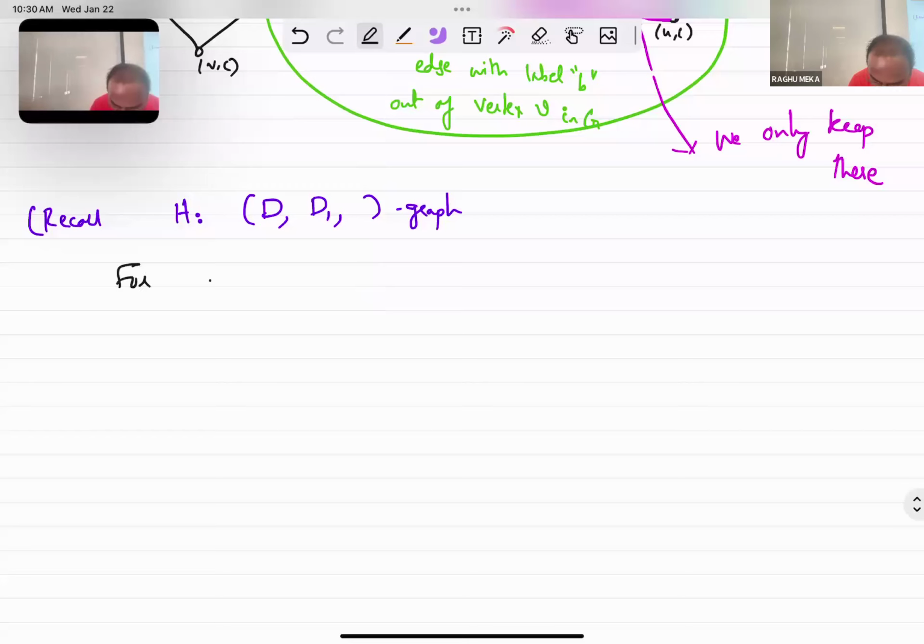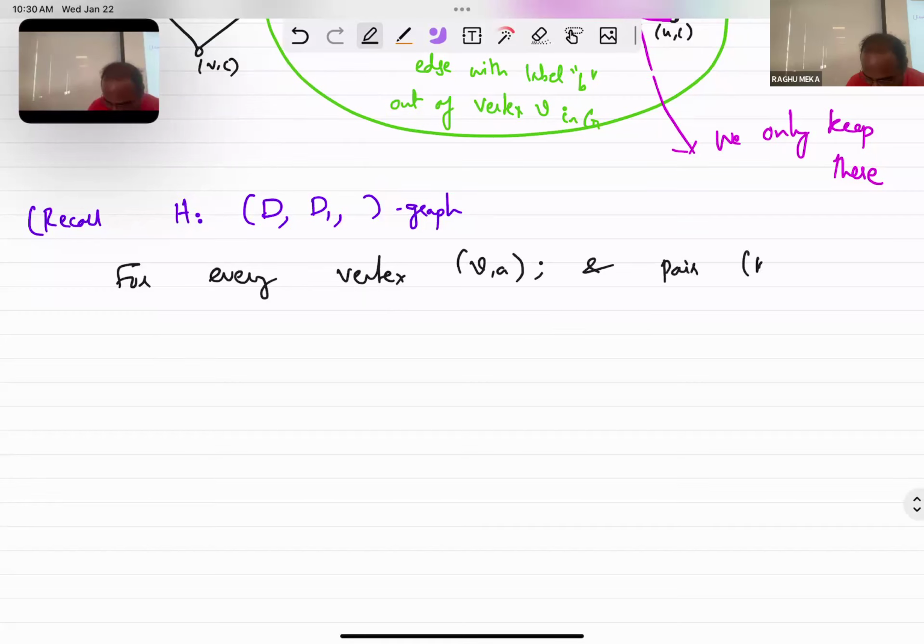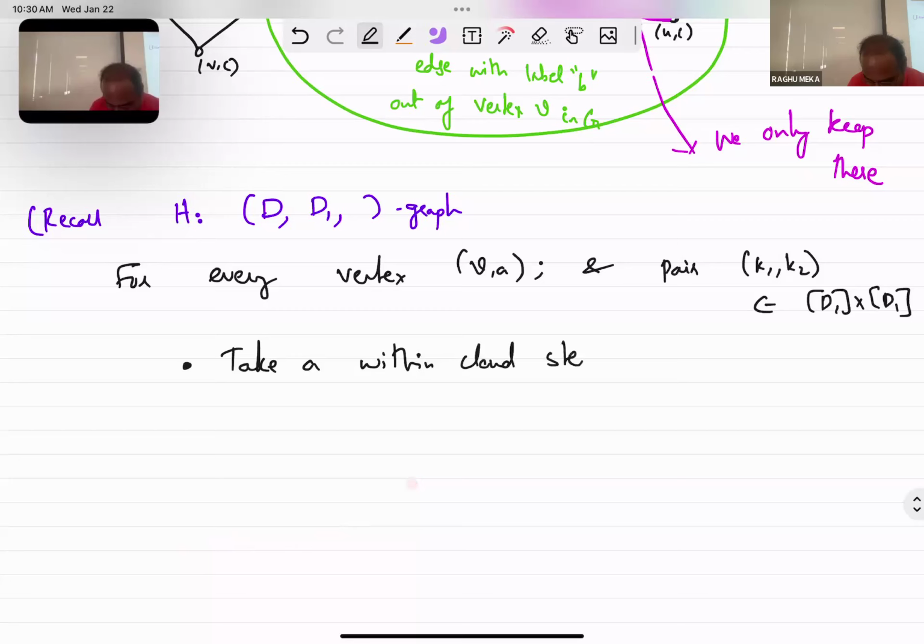For every vertex V comma A and pair K1, K2 belonging to D1 times D1, take a within cloud step according to K1 in V cloud.